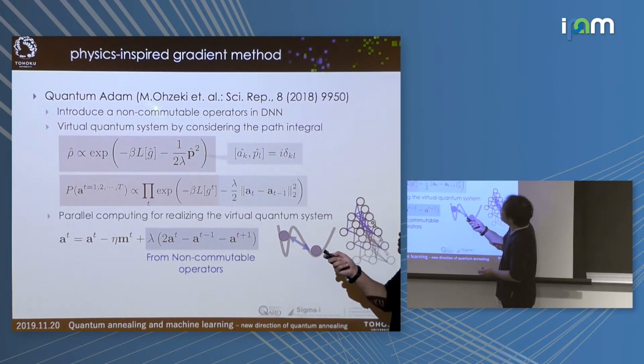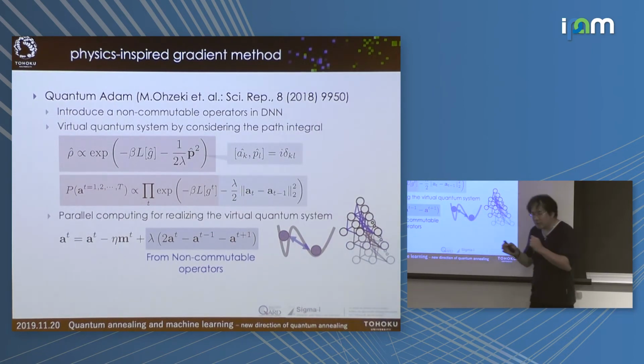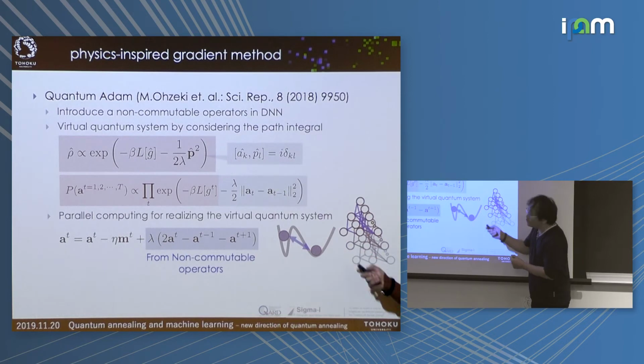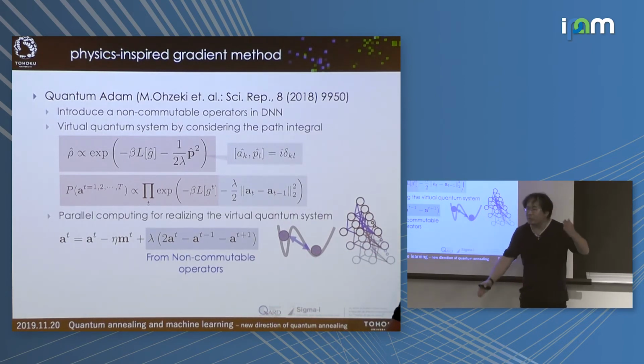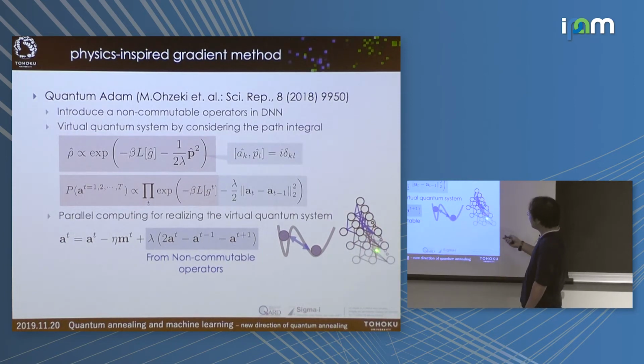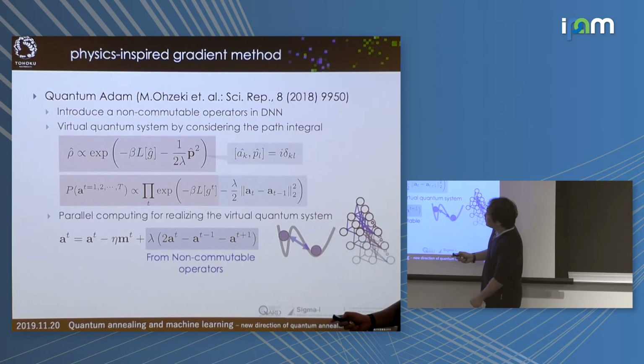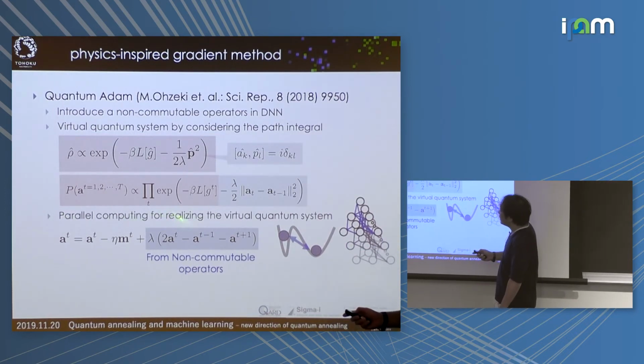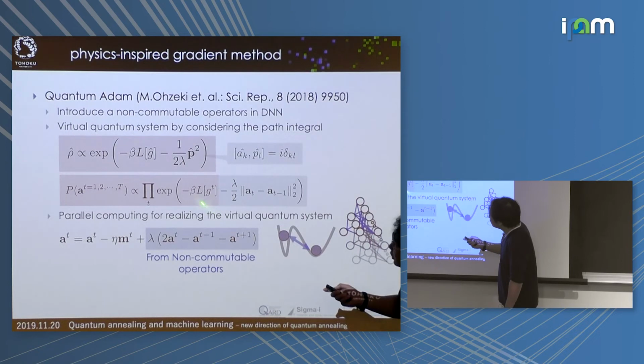From the non-commutable operators, we find an attractive force, an interaction between the parallel neural networks. So we use parallel computing to realize the virtual quantum system by optimizing these quantities.